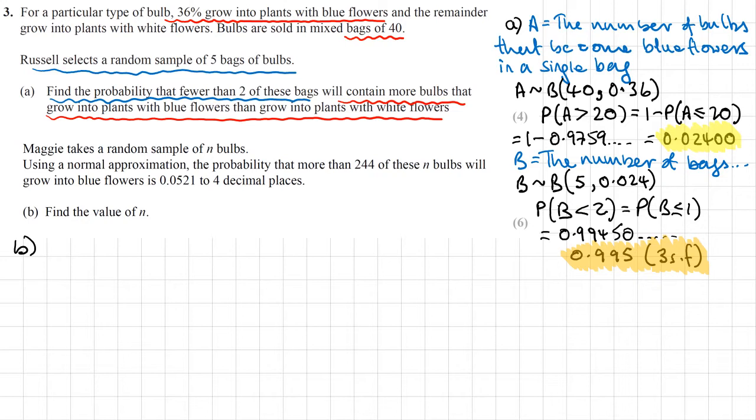Right, so let's highlight what we've got. So our sample size is N. We need to do a normal approximation. It's more than 244, and we know basically what the answer is. We know what the probability is, and I guess we're sort of working backwards to find N. So first thing, I'm going to be using the letter C in this part.